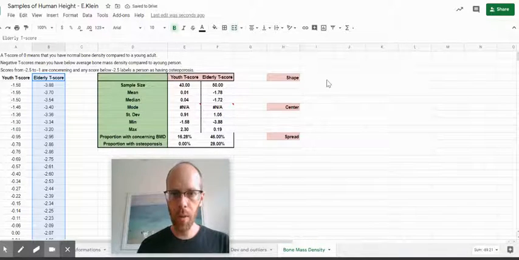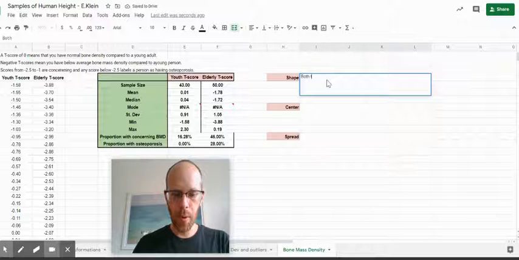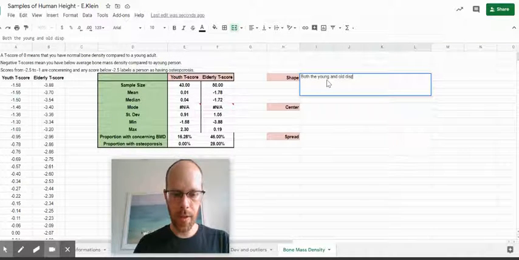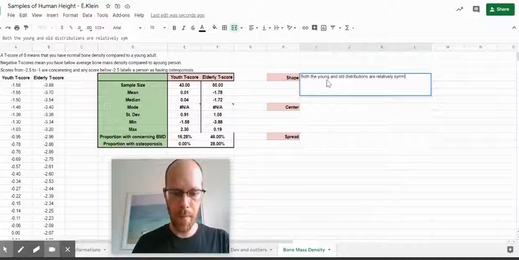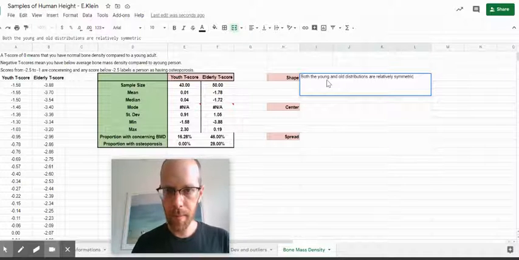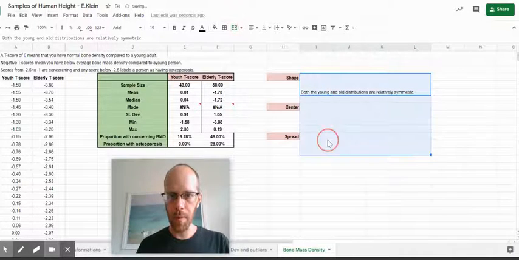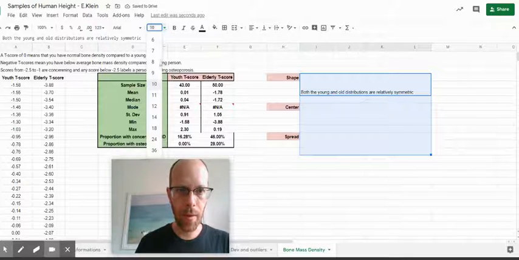For the shape, we can say both the young and old distributions are relatively symmetric. Let me see if I can make my font bigger for you guys.